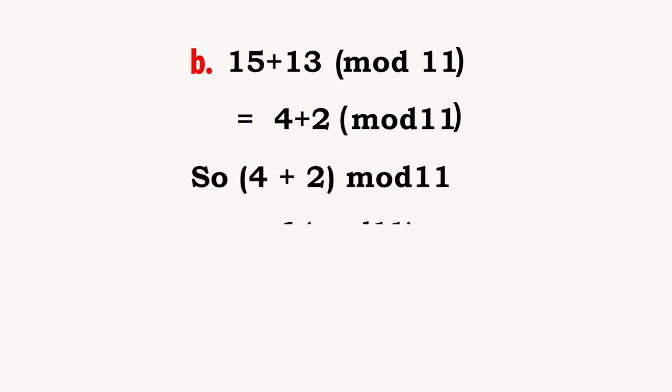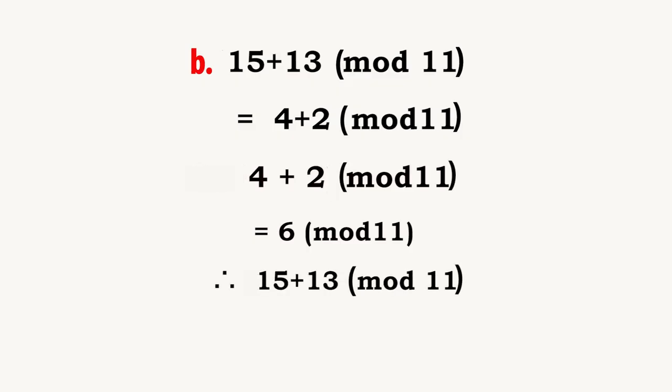Now we add the 4 plus 2 to get 6 in mod 11. Now 6 is already in the simplest form it can be, so our answer is just 6 mod 11. And therefore 15 plus 13 in mod 11 is equal to 6 mod 11.